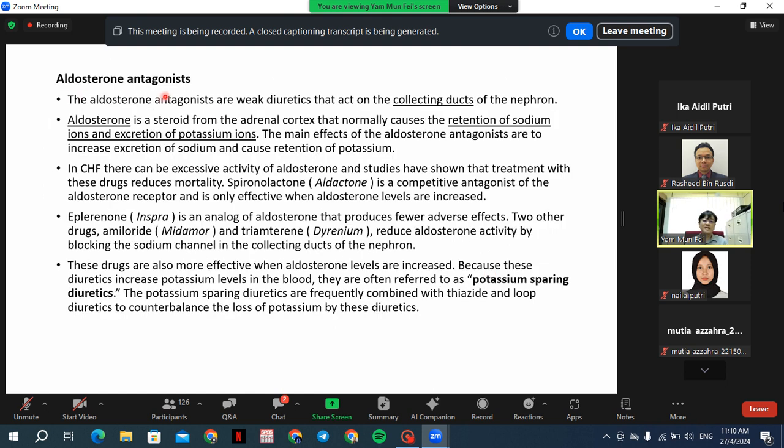So aldosterone antagonist, sometimes we also call it a potassium sparing diuretic, acts on the collecting duct. The drugs act at different locations, as I mentioned just now. The beauty of this drug is that it is able to conserve your potassium.